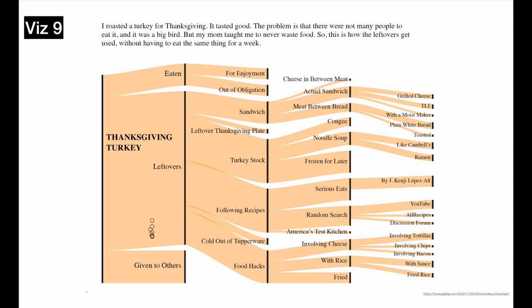Here's a nice kind of chart showing the flow of what happens to turkey over time that's left over from Thanksgiving. Again, this is probably not something that you can do in Python.